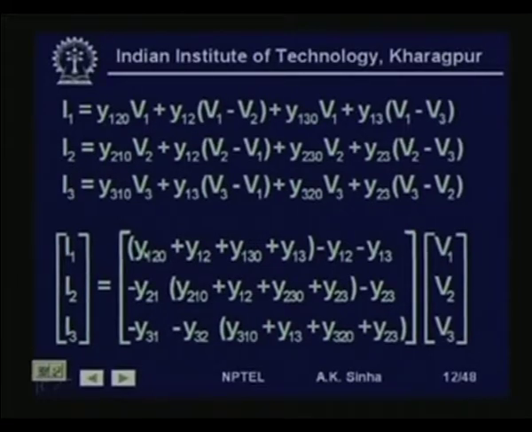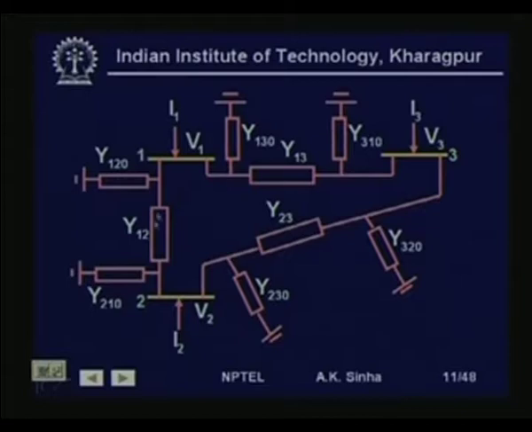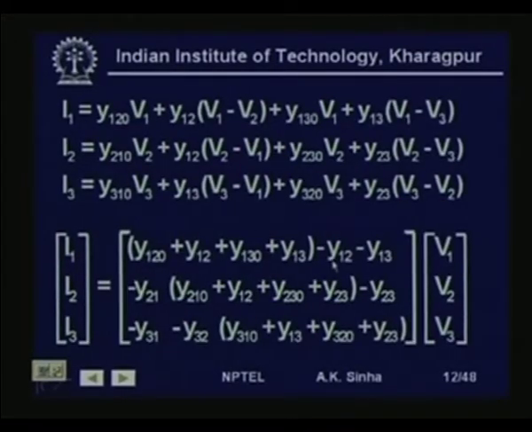What are the off diagonal elements? This Y12 element for this matrix is nothing but the negative of the value of the element which is connected between bus 1 and 2. Between bus 1 and 2, what we have connected is this small y12. So, negative of small y12 is our capital Y12, which is the Y bus element.